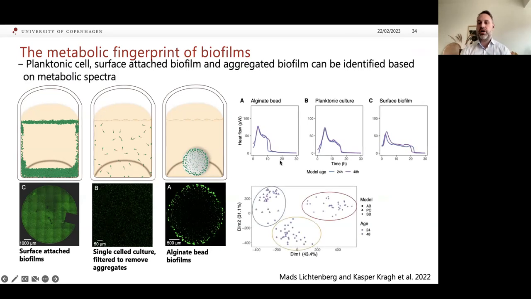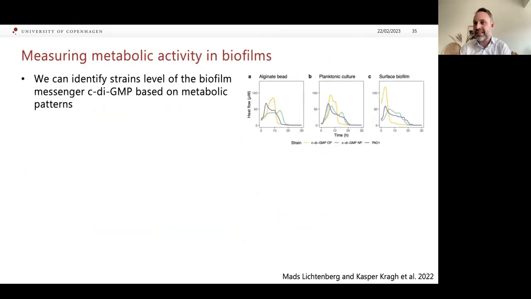And with the use of principal component analysis and some machine learning, we were actually able to identify each one of these systems and how they grow. They cluster together, and we trained a machine learning algorithm that is actually able to, if we give it a blind sample, say whether it's a surface-attached biofilm, a planktonic culture, or non-attached aggregates. So that was really neat for us, but we wanted to know more.